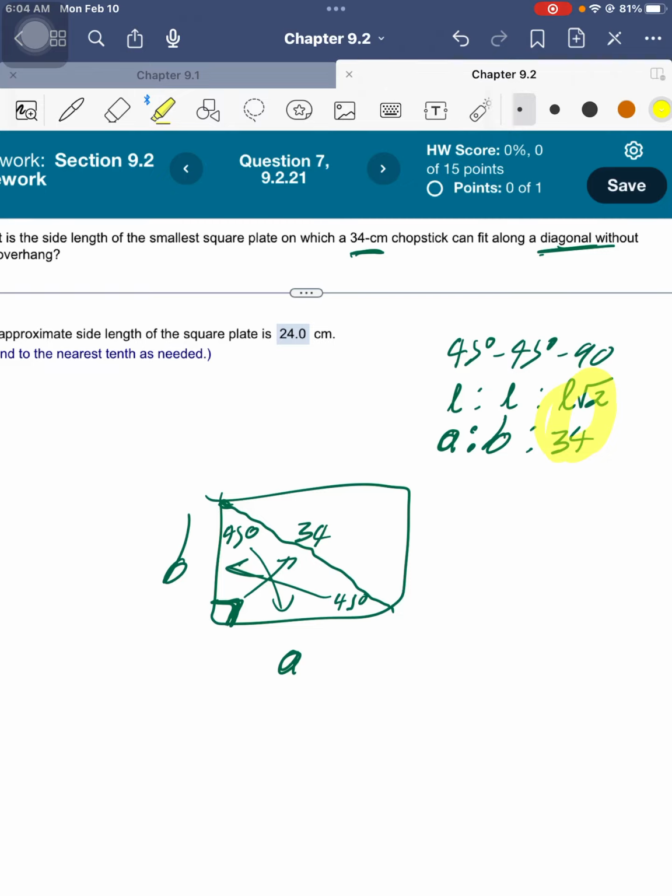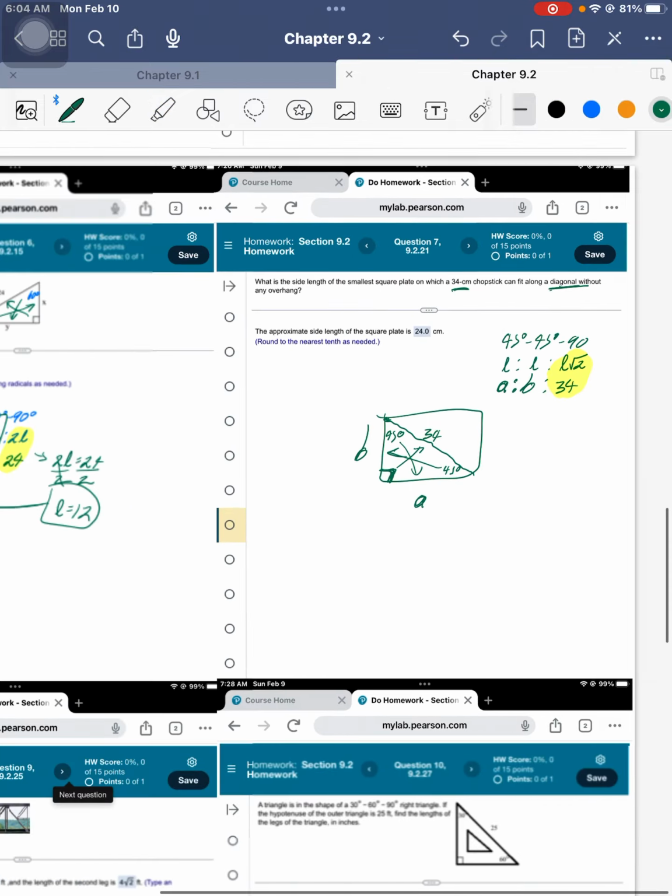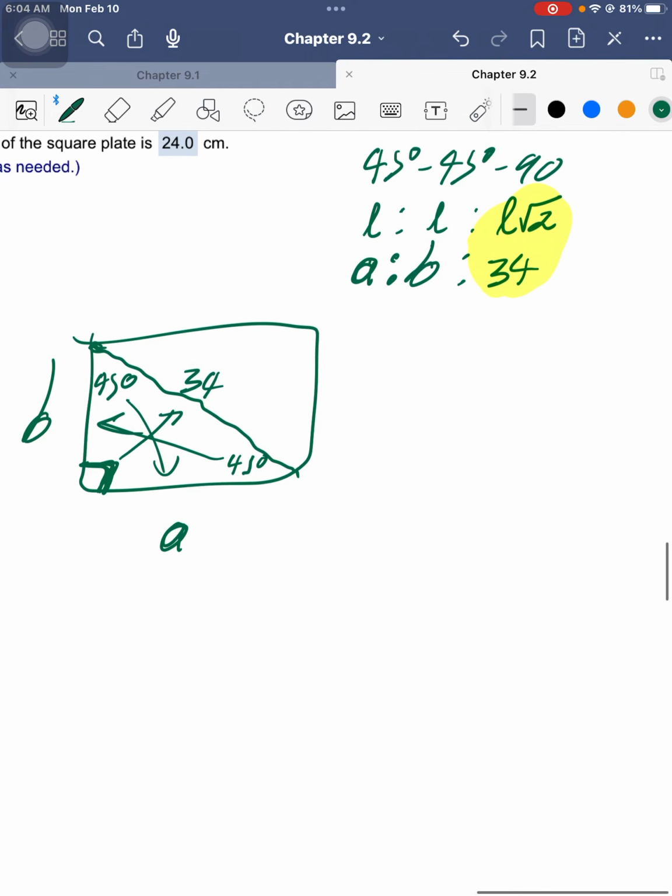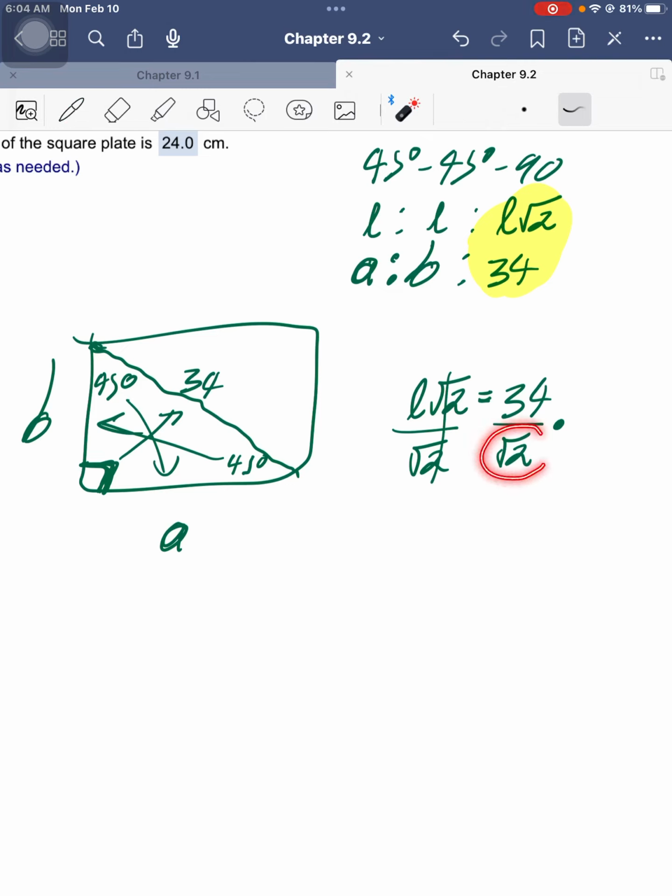So the only one that I can set equal is these two guys. So this is L square root of 2 is equal to 34. Divide by square root of 2, divide by square root of 2. Once again, I cannot leave a radical on the denominator. So I'm going to multiply it by itself to get rid of it.